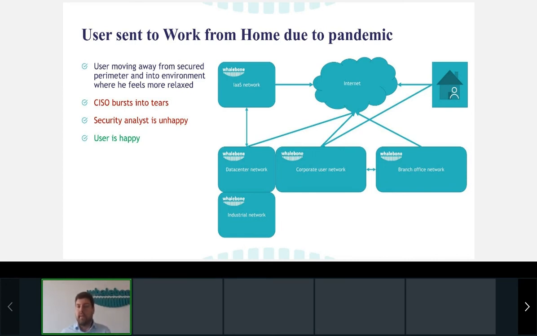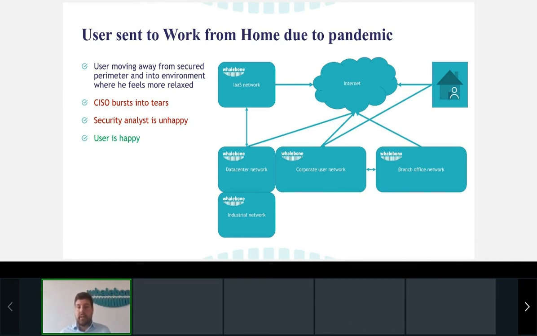However, at that very moment, when the employees were sent home, now they have to attend to that, and they have to deal with that. The security analyst is definitely unhappy as well, because he loses part of the visibility. The user is at home, and even with Whalebone DNS resolvers deployed in the networks, the visibility is lost whenever the user goes directly to the internet, which is actually the most frequent case.